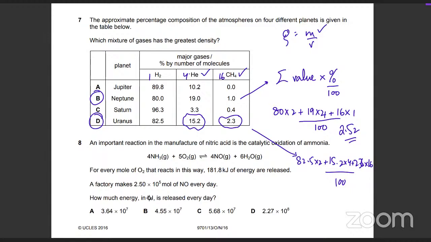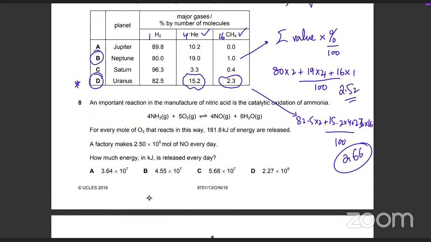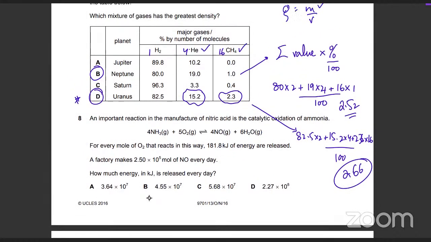I think it's 2.66? 2.626. Anyway, that will give you D, right? So our guess was kind of right, that you have a higher percentage of heavy gases in this one.